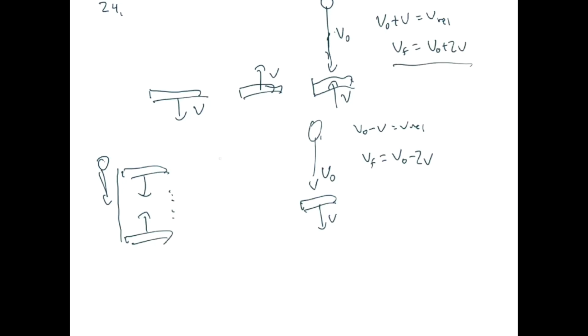But if the ball enters this region while the plate is moving downwards, there's a small chance that the plate reaches the bottom before the ball, and then it'll switch its velocity and move upwards. So the answer is that the ball is more likely to speed up.